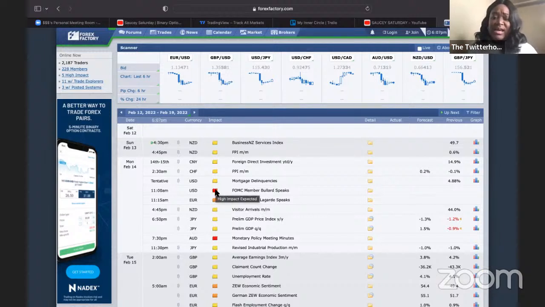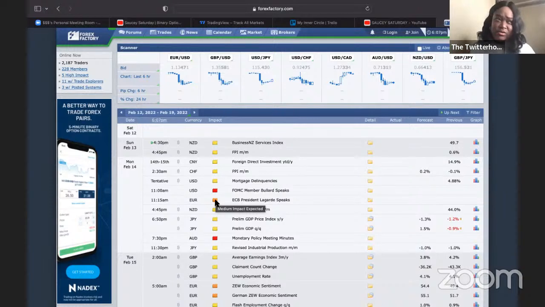So if I see a red folder when I'm about to trade, I typically sit down for an hour if I'm going to trade. So if in that hour that I'm trading, I see a red folder, I'm going to avoid that currency. Now, if I see an orange folder during the time that I'm going to trade, if I don't avoid that currency, I can reduce my risk.